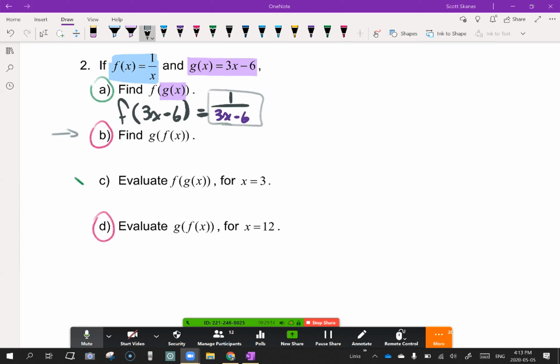I'd like it when you've tried this, and hopefully you are trying it, tell me what your final answer is. Remember, we're getting g, replacing all x's with 1 over x.